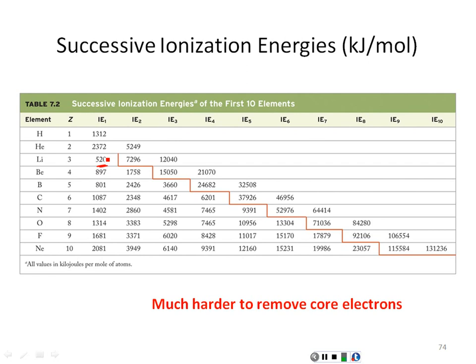But if you look at the second ionization energy for lithium, it's really high. And that's because the second electron you pull out of lithium will be a core electron. And those are much, much harder to remove. And if you look at this table, you see this red line, and that's telling you that there's a transition there between a valence electron that you're removing and a core electron that you're removing. The core electrons are much, much harder to remove.